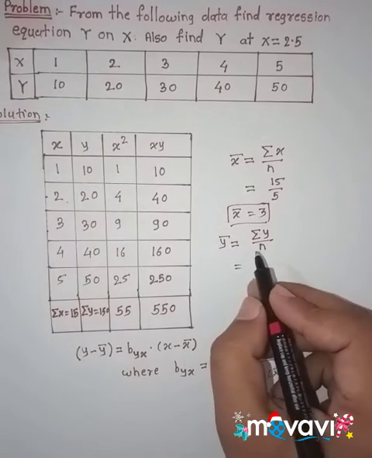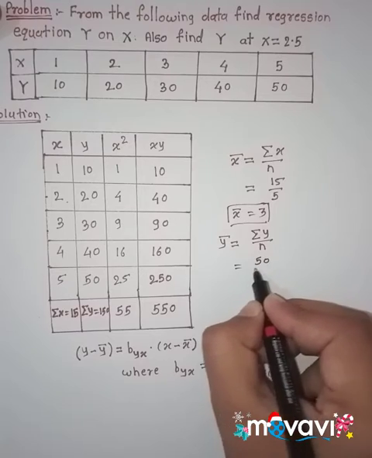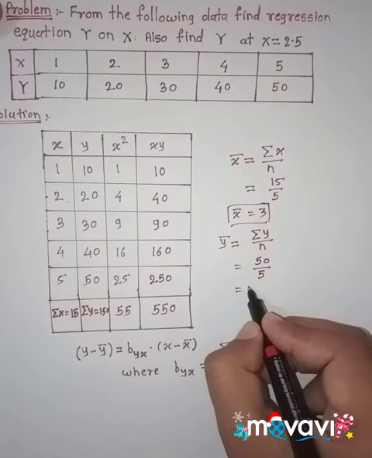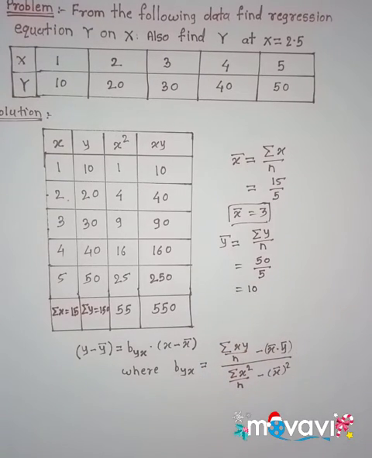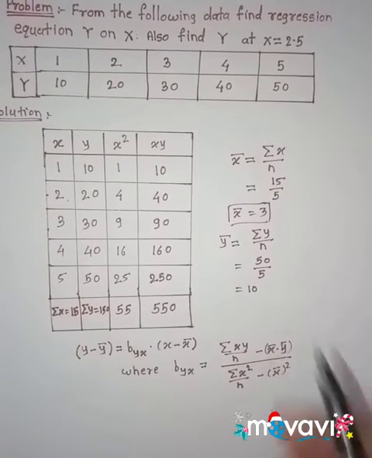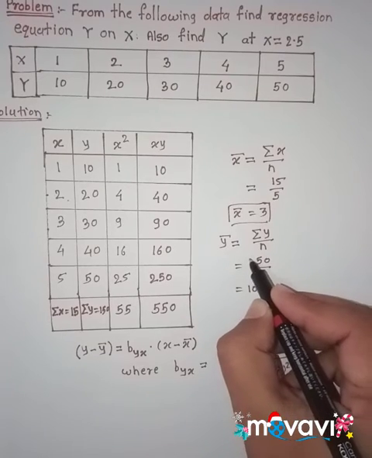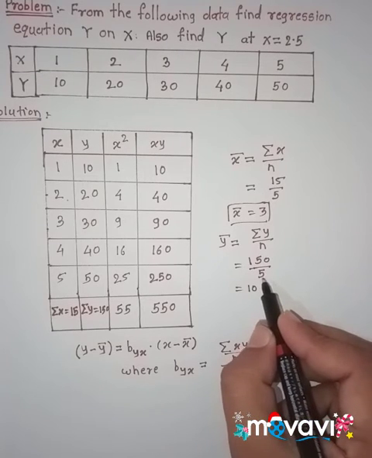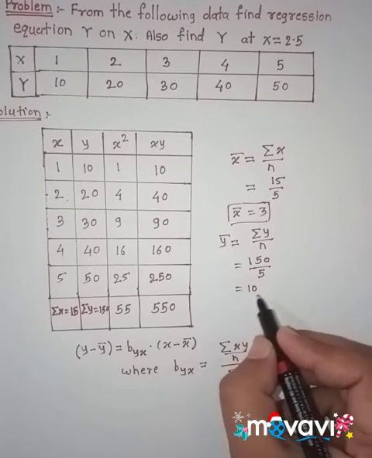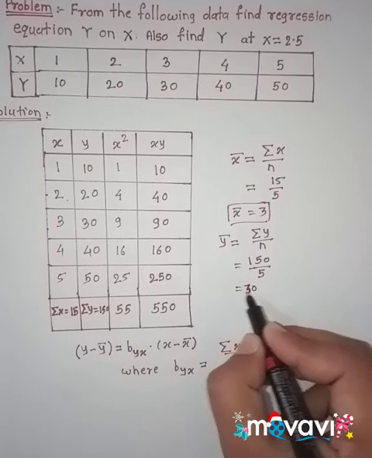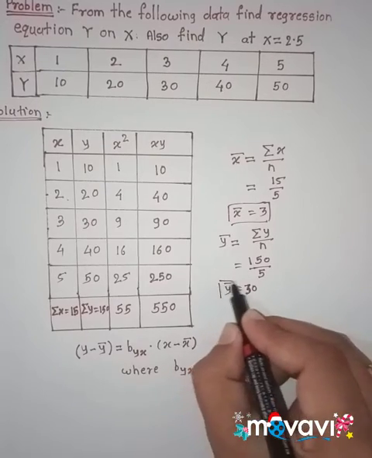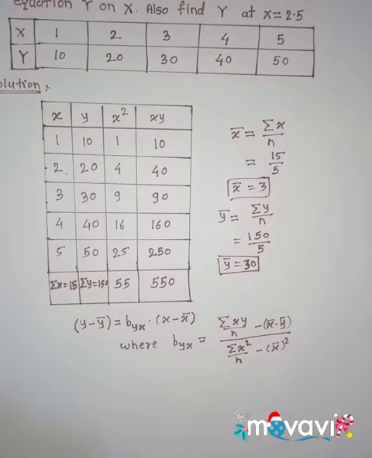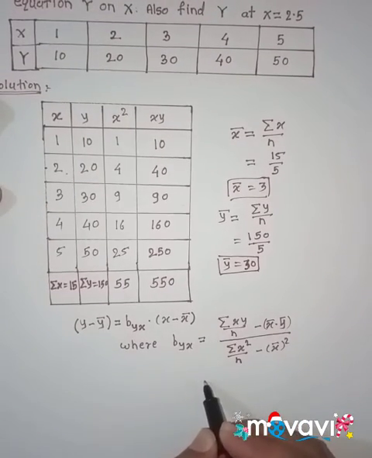Sorry, here summation y is 150. So 150 upon 5, if we calculate, then we get 30. So y bar is 30. Then we put all these values here.